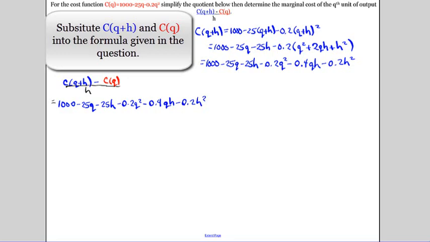Now it's going to be minus the cost function, which I will write in red. And I'm putting brackets around the entire cost function because we're subtracting. So that subtraction needs to be distributed to each term.